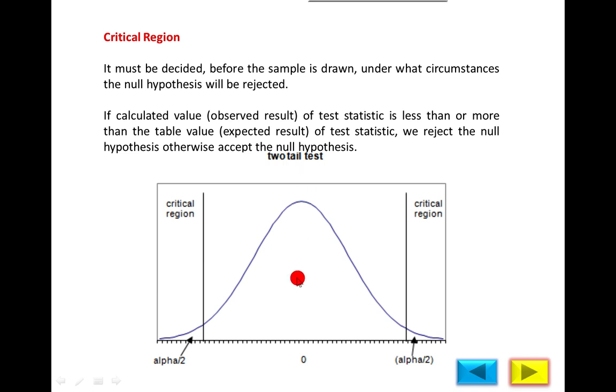This is the center of the symmetrical distribution; the left-hand side indicates negative values, and the right-hand side positive values. So the range goes from minus infinity to positive infinity, minimum value to maximum value. The total area under the curve is equal to 1 in terms of probability, and 100% in terms of percentage.